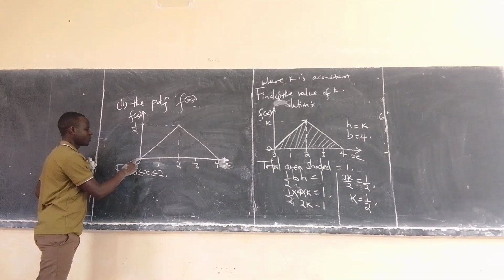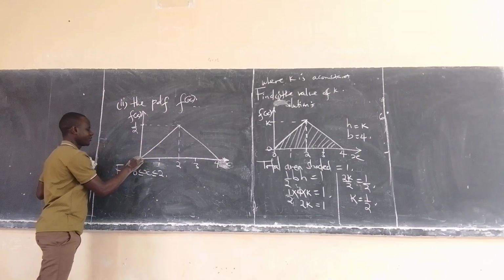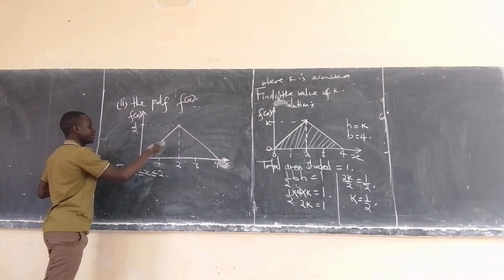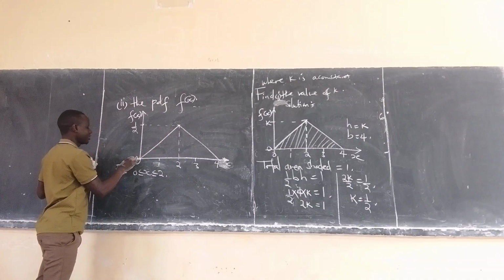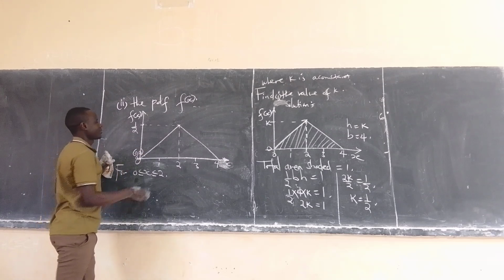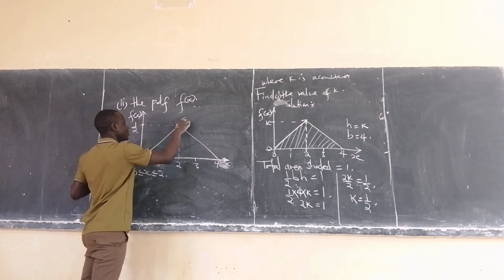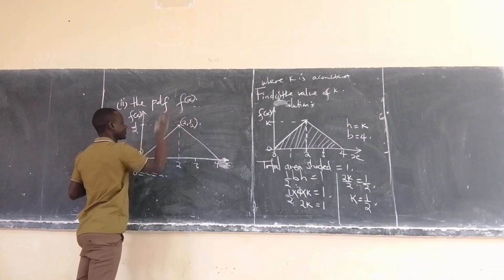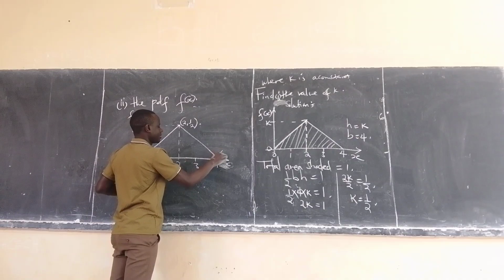Now for the interval from 0 to 2, the line from here up to here, you read off the coordinates here and there. The first set of coordinates is when x is 0, y is also 0. The second set of points is when x is a 2, y is a half. Then the last set of coordinates is 4 and 0.